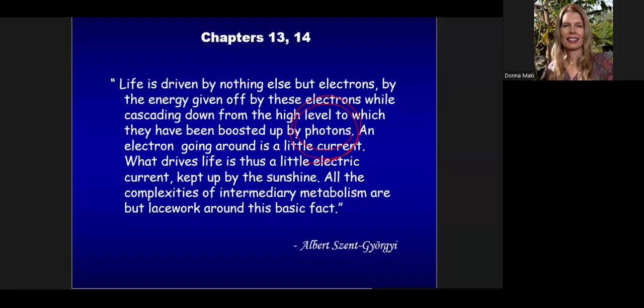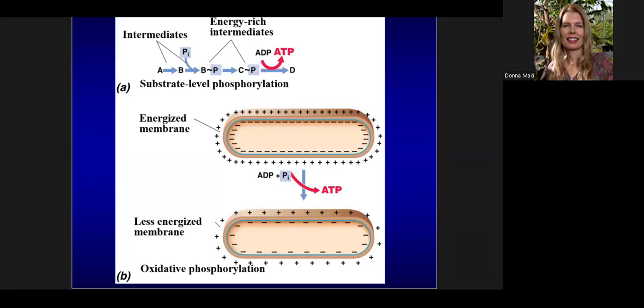But before we get into that one, let's think a little bit more about this electron transport process. We've already covered substrate level phosphorylation, which is being shown in figure A. Figure B is more what we're going to think about next.